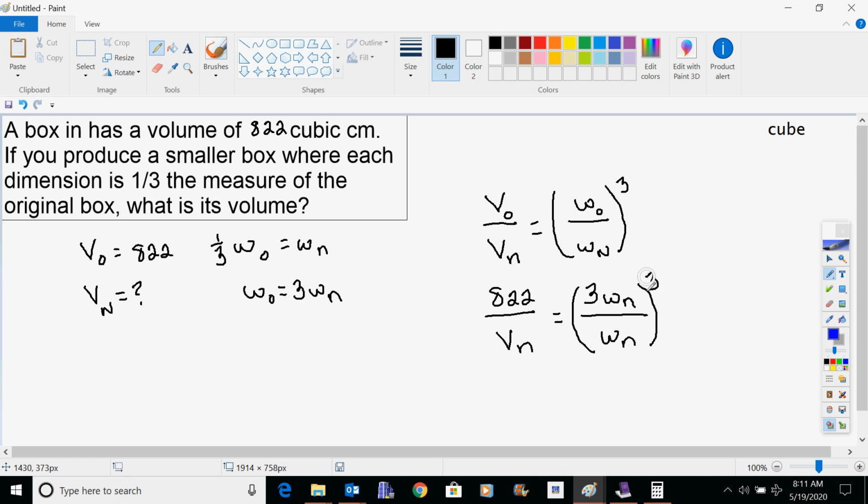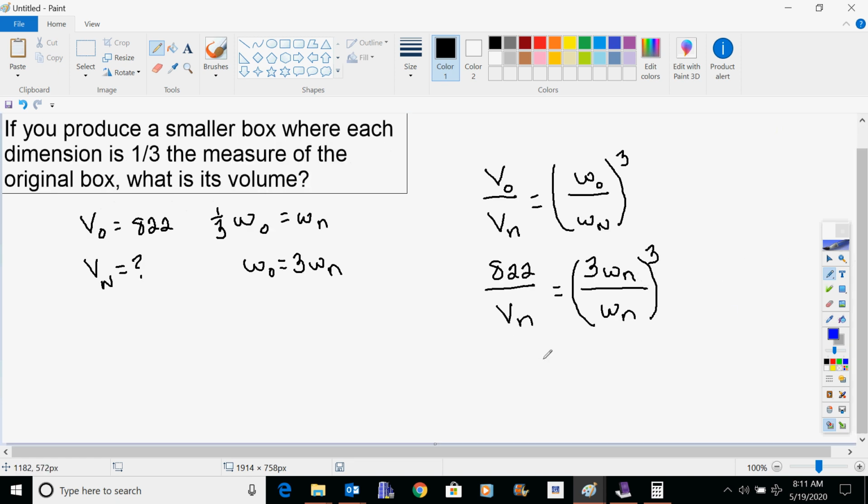If you don't like to have these variables, you can pick some random number to be the width and it will still work out. Okay, so 822 over the volume of the new one equals, the 3's cancel out so that I have 3 over 1. 3 cubed is 27 over 1.